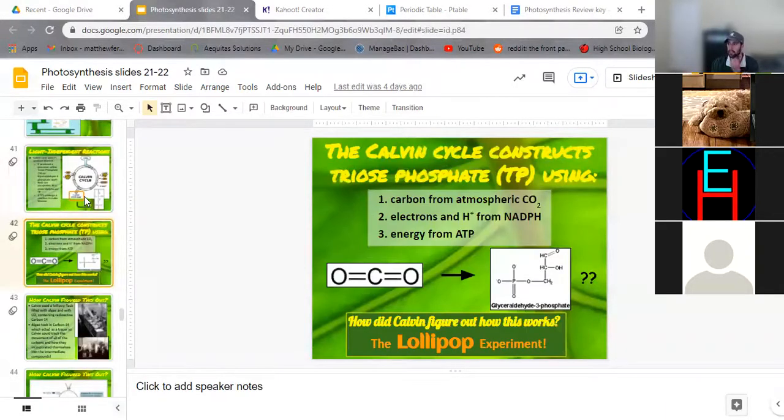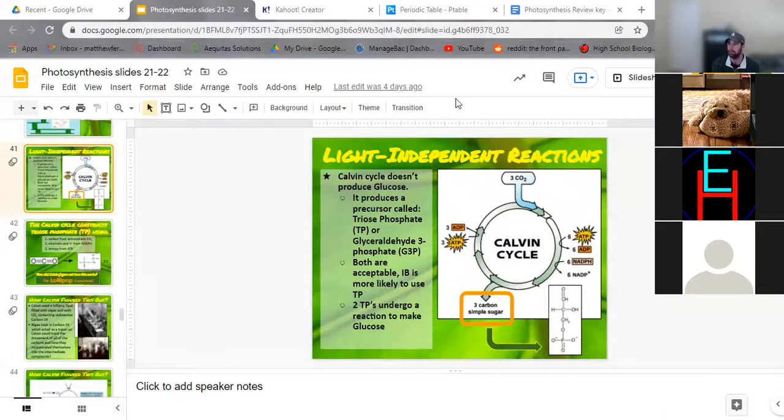However, at the end of the day, the point of the Calvin cycle is to create our glucose. Well, kind of. We create a precursor to glucose, something that's used to create glucose. In this case, we call it a triose phosphate, because it's a 3-carbon sugar that has some phosphates attached to it.